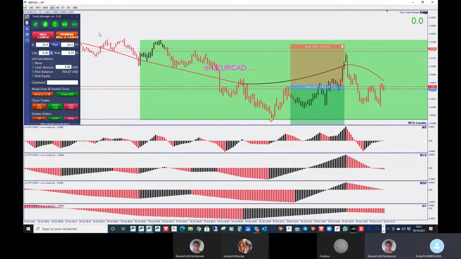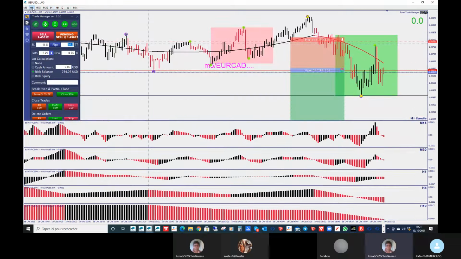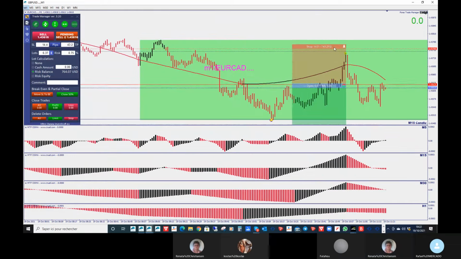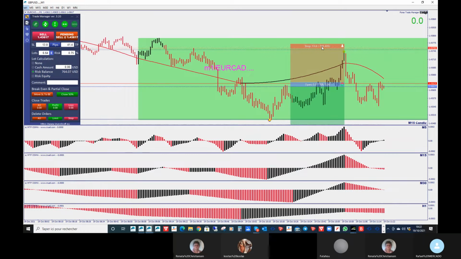This is good also. So we have 3 bars retracement.